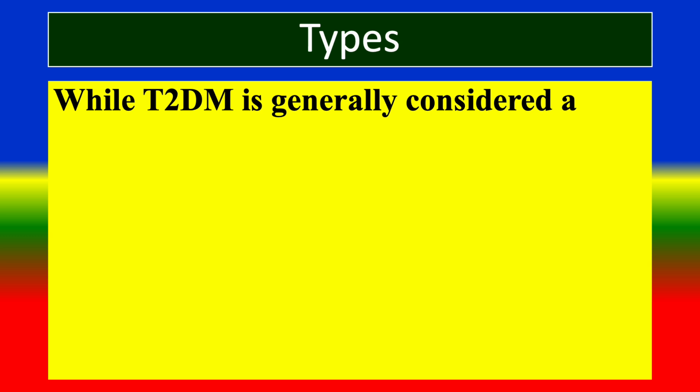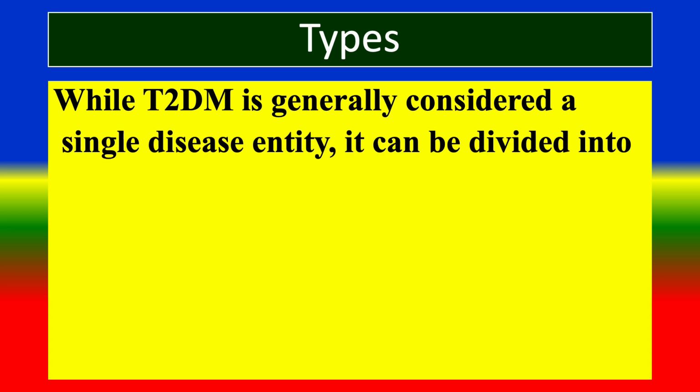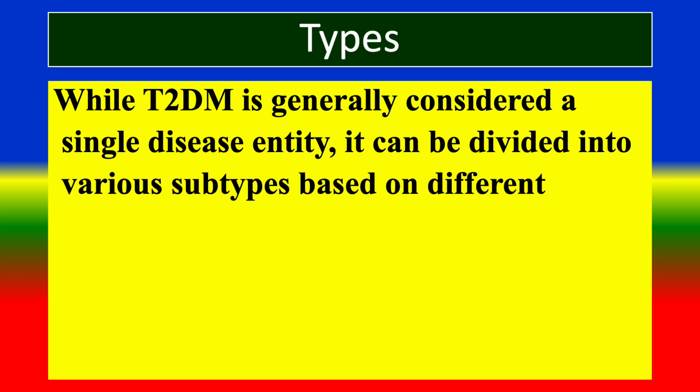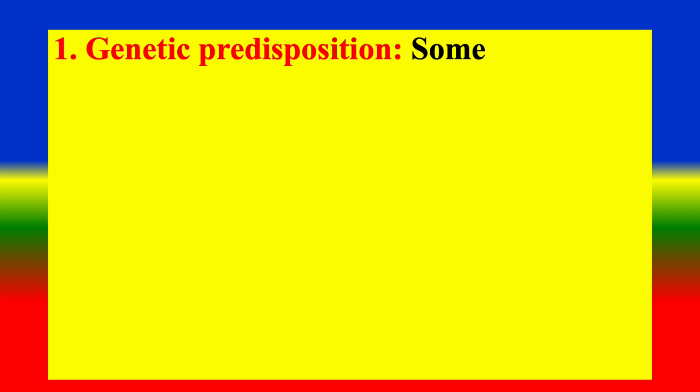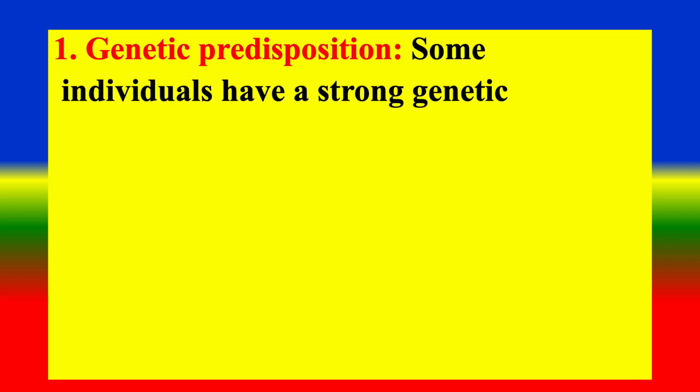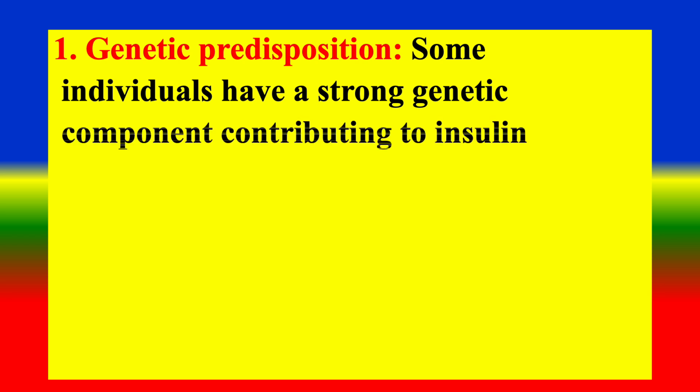Types. While T2DM is generally considered a single disease entity, it can be divided into various subtypes based on different criteria. First, genetic predisposition: some individuals have a strong genetic component contributing to insulin resistance.